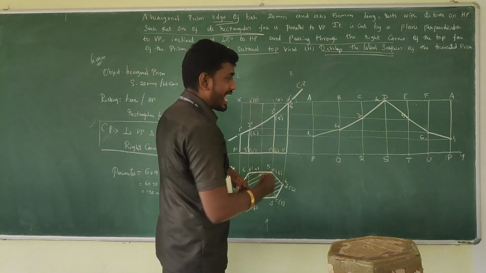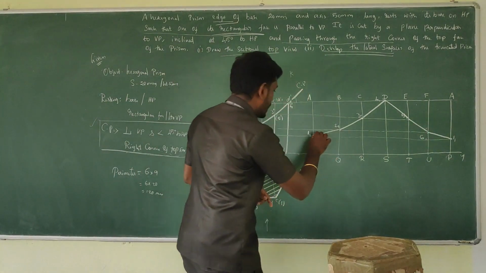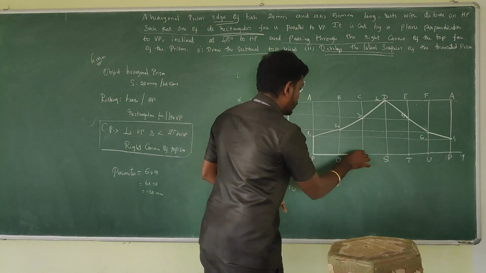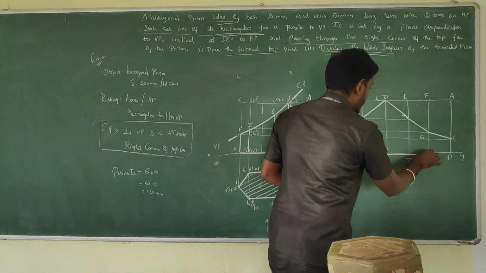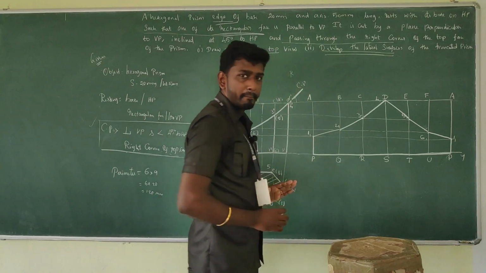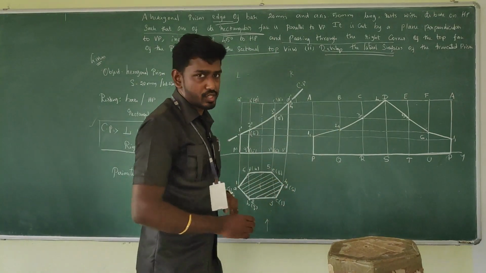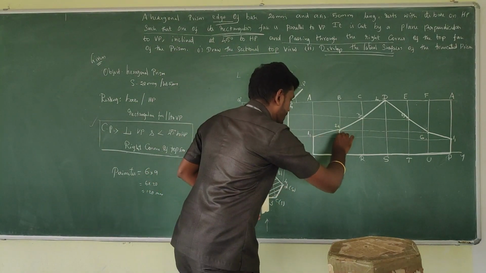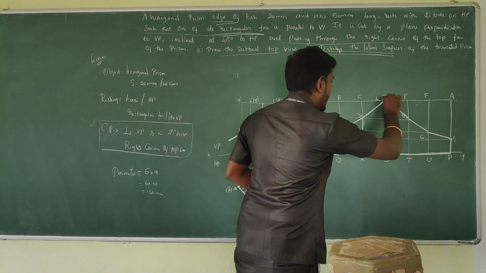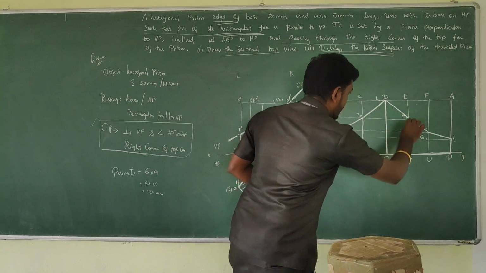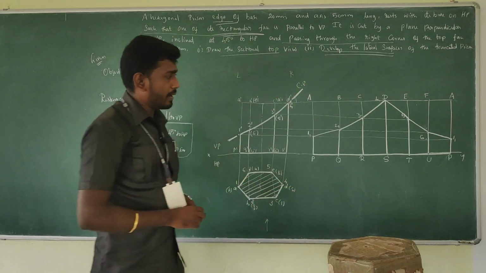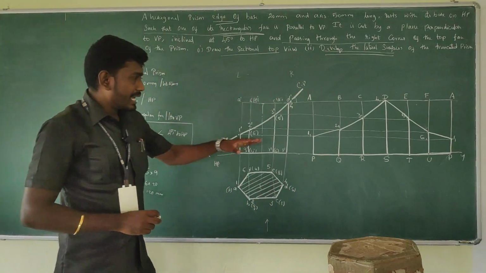Then the boundary of the truncated object will be visible to you. So make the boundary of the lateral truncated prism a dark one, and in between there are edges. You have to make the longer edges on the remaining portion a dark line. Okay. So we have completed it.